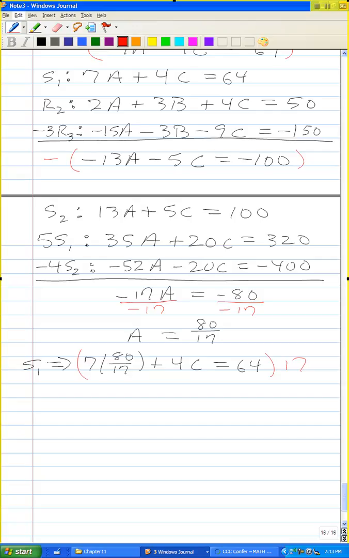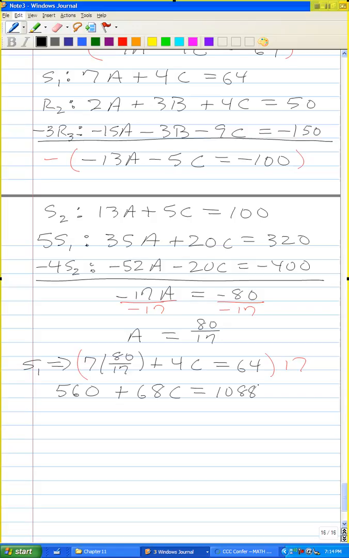So 7 times 80, 560. The 17s cancel. 17 times 4, I guess, plus 68C is equal to 64 times 17, 1088.